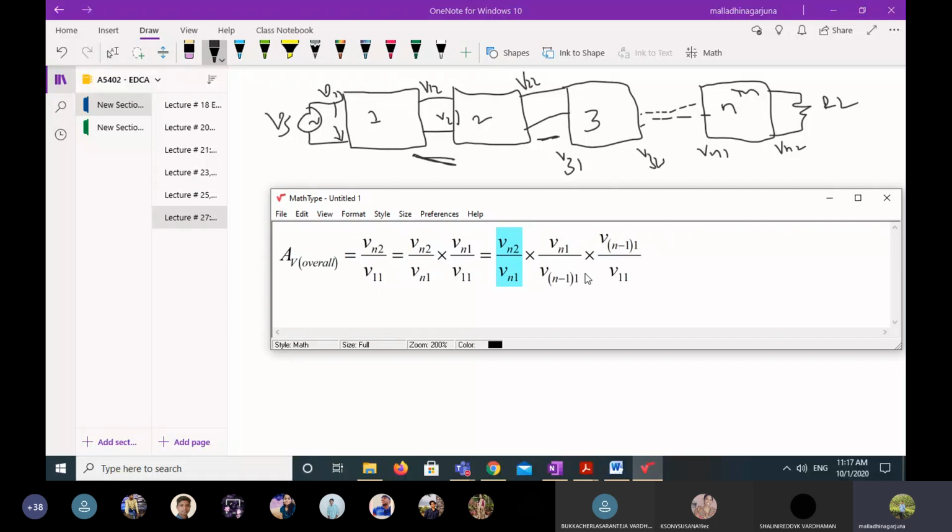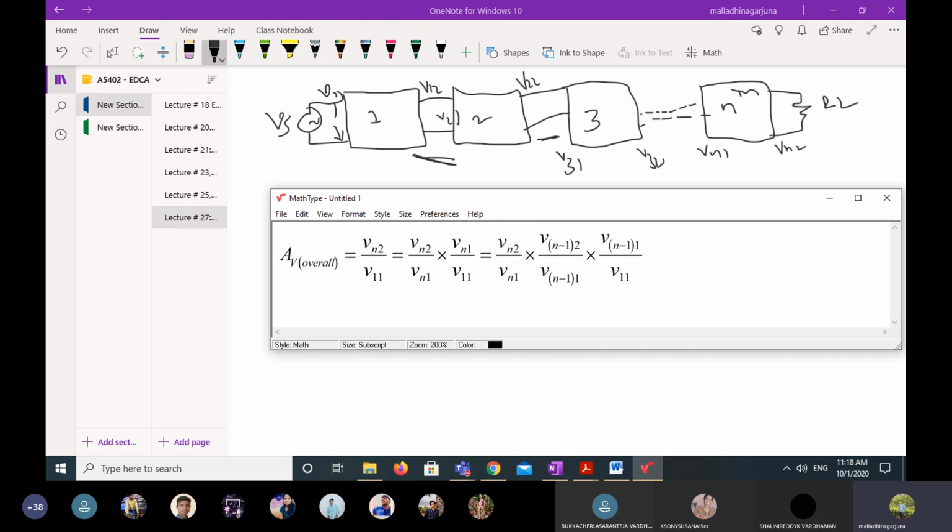So now, what is Vn1? This is the input of the last stage, so I can convert Vn1 into Vn1 minus 2.